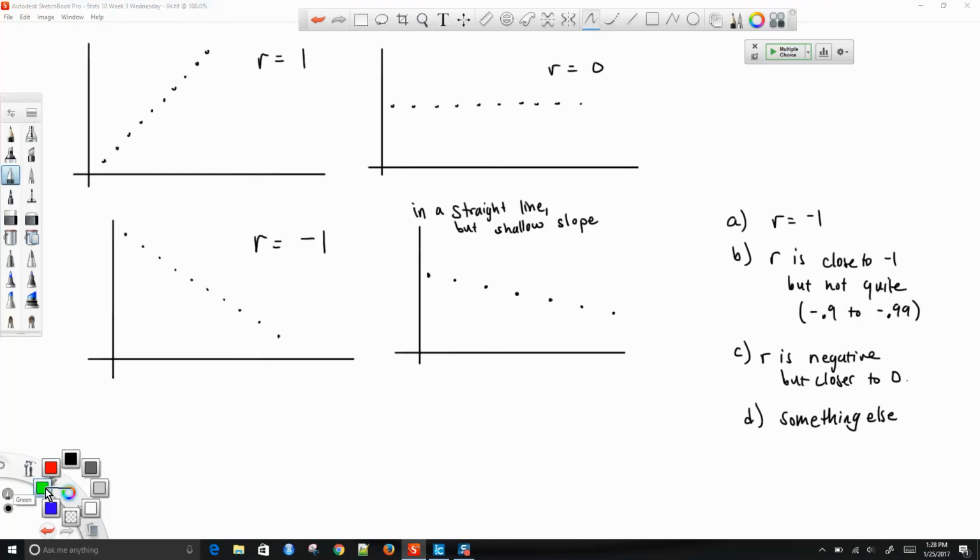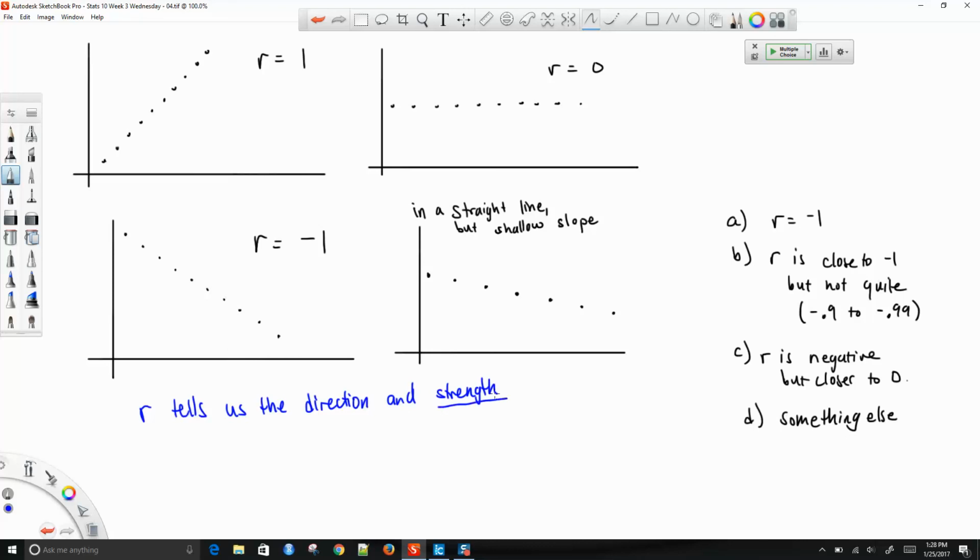So let's talk about this. What does R measure? Remember, R tells us the direction and strength.